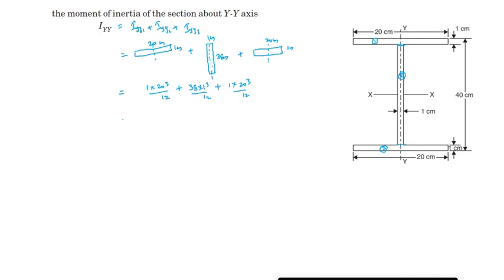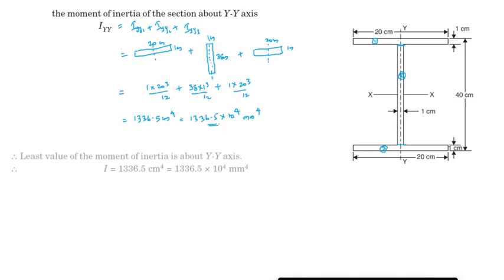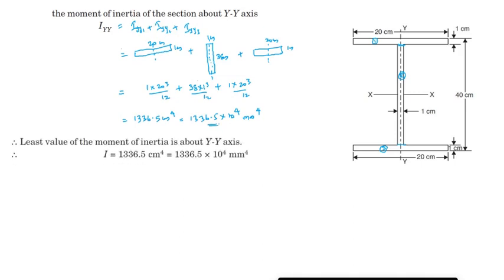So we'll get the value for the moment of inertia as 1336.5 centimeter raised to 4, or 1336.5 into 10 raised to 4 millimeter raised to 4. So the least value for moment of inertia you will obtain along the y-axis.